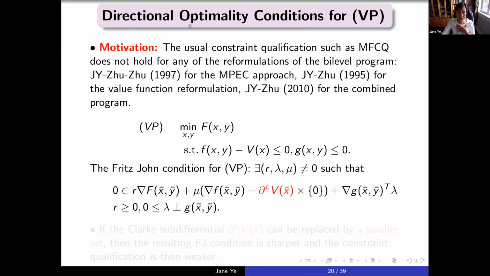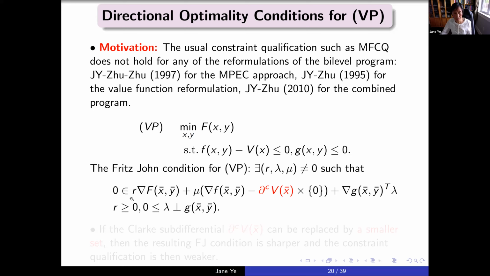Okay, so now I will discuss the new optimality condition. The first one, the so-called directional optimality condition. Because the usual constraint qualification does not hold, we can look at the value function approach, right?